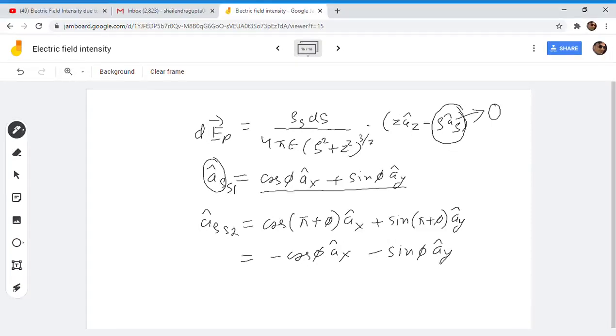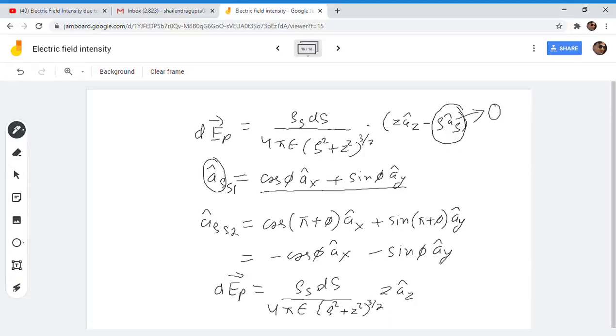So we can write our dEP as just taking the AZ component. So it will be rho s ds upon 4 pi epsilon rho square plus Z square to the power 3 by 2, Z AZ. So we are cancelling our radial component.